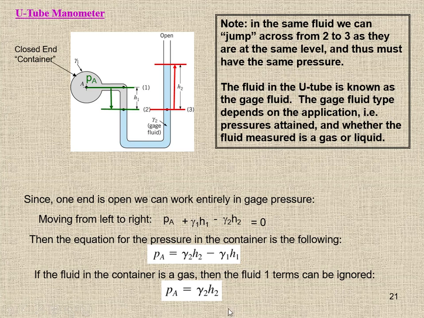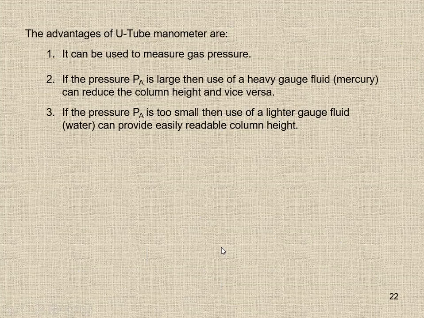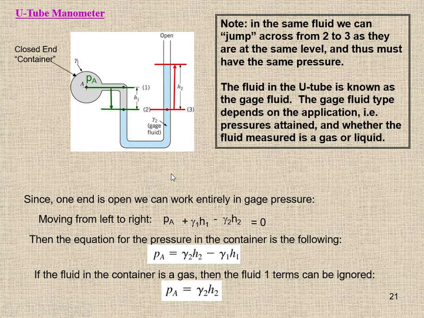This is the meaning here. So now notice, in the same fluid we can jump across from 2 to 3. They are at the same level and thus must have the same pressure, as we have said.